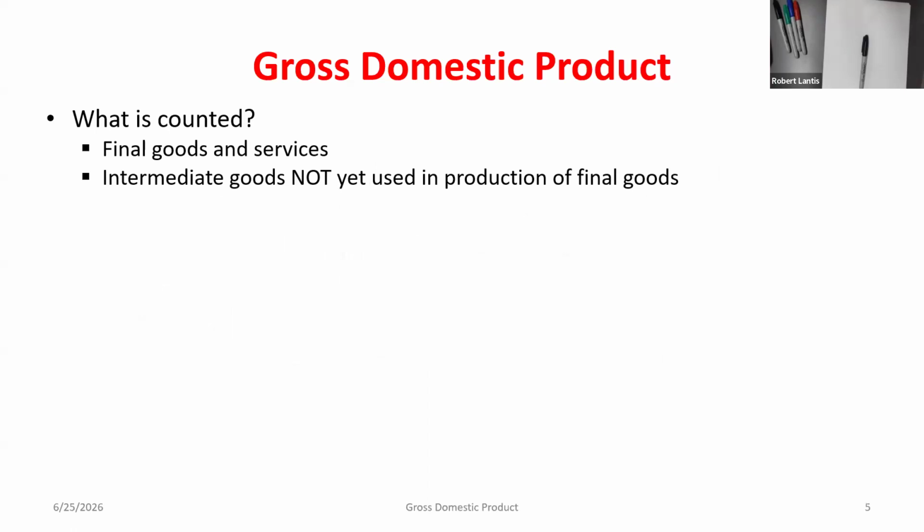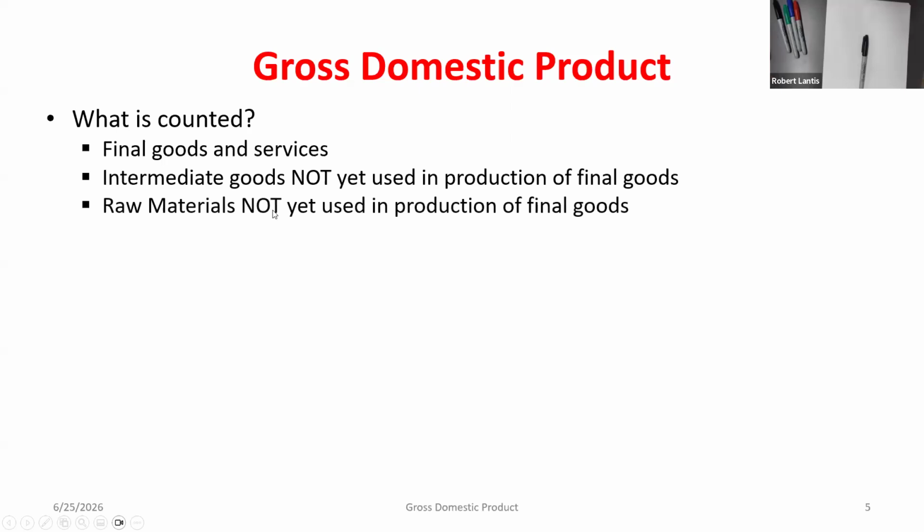We would only be including those electronic products in our gross domestic product. Now, we would include those intermediate goods in GDP if they have not yet been used to produce those final goods. So if we have semiconductor production, as long as we have some of those semiconductors that haven't been used to create electronic products, we would include those intermediate goods.